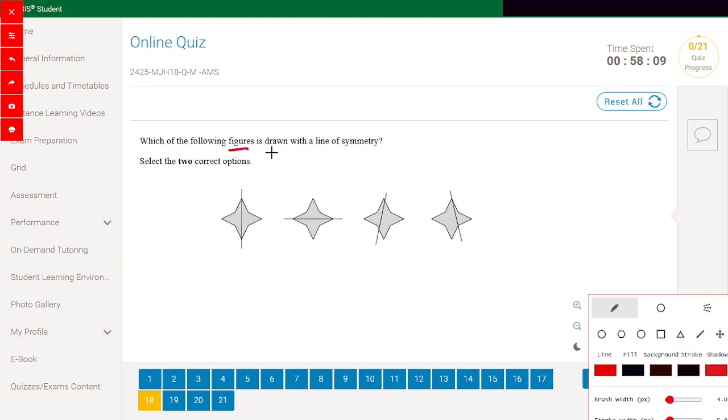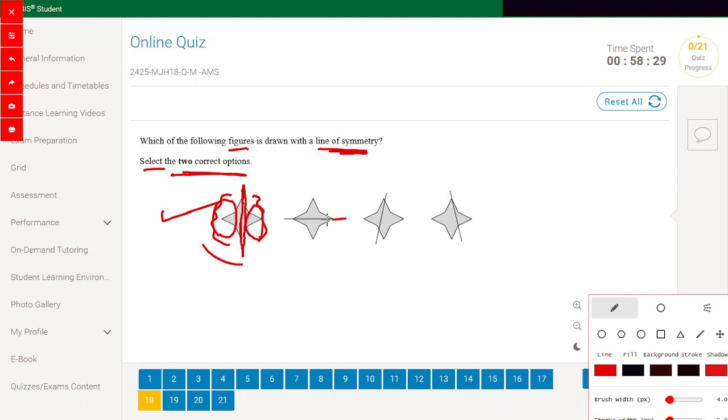Which of the following figures is drawn with a line of symmetry? Select the correct options. This figure, this line crosses the shape, and you see this side is similar to this side, equal. So that means this is the right figure.